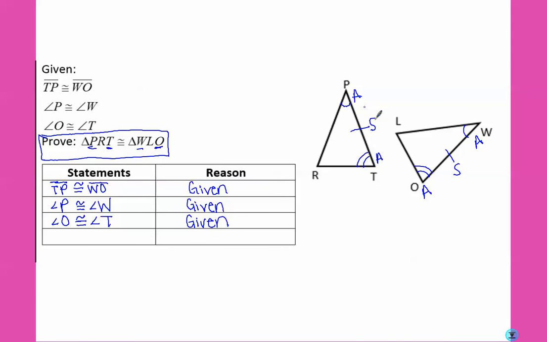So, based on this, we know that triangle PRT is congruent to triangle WLO, and we know this because of the angle side angle congruence theorem.